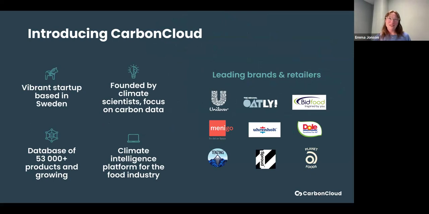And these products, it's both farm gate products and processed ingredients that we provide generic footprints for. And we have a climate intelligence platform for the food industry. And you can see here a little collection of some of the brands and retailers that we work with.